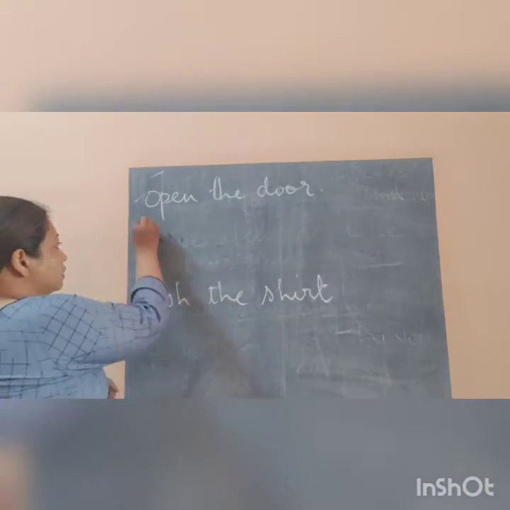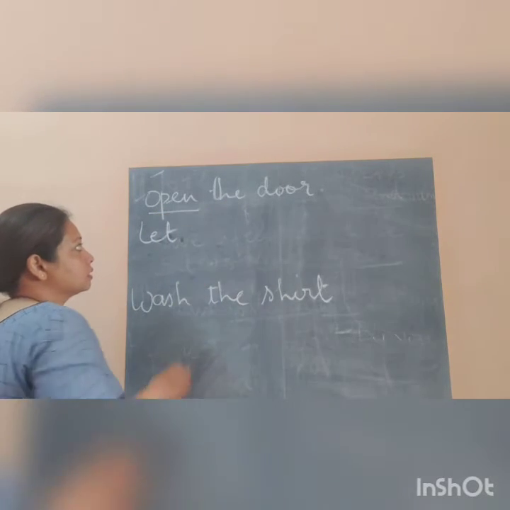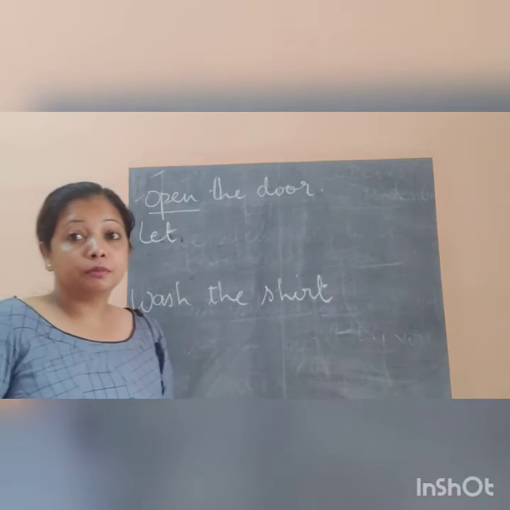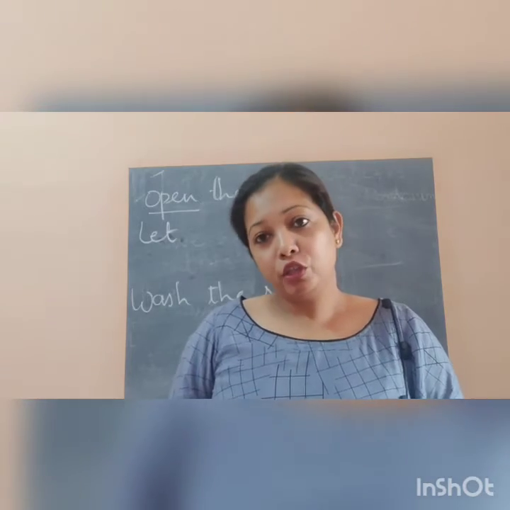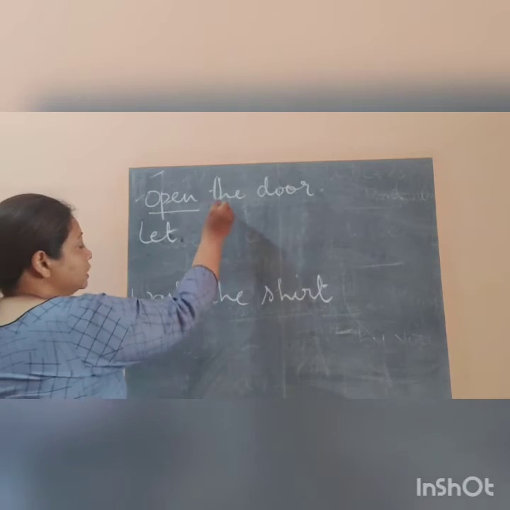So the very first thing we will write is let. We know this is here. Open is what? Is the verb. The door becomes the object, and it is the verb also, right? So here we will write open.